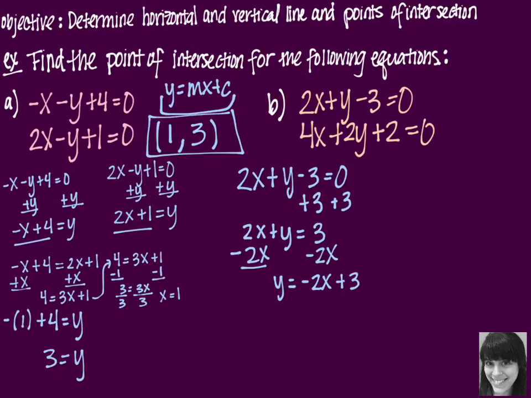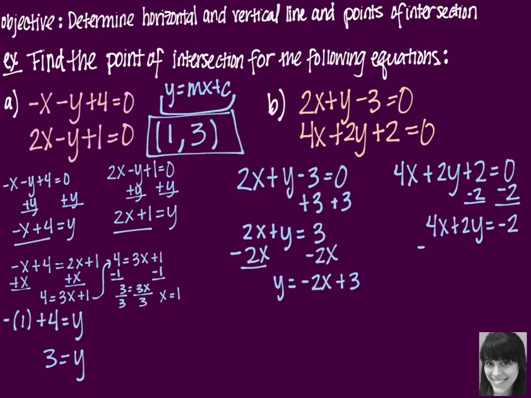Okay? So, I've done one equation, now I need to do the other. So I have 4x plus 2y plus 2 equals 0. I'm going to solve for y. So I'm going to subtract 2 on both sides of my equal sign, and I get 4x plus 2y equals negative 2. I'm going to subtract 4x on both sides.